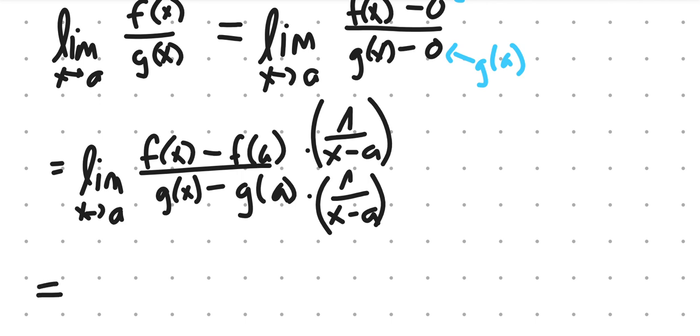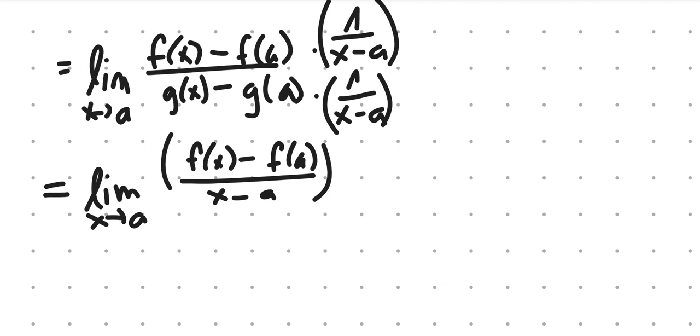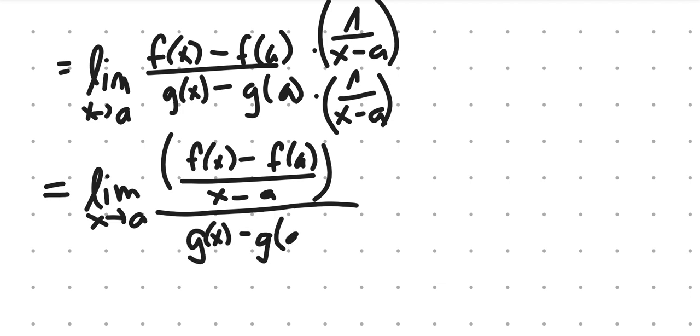So if we do this, since we always take the limit, we are not even having a problem about the denominator being equal to 0, since it approaches it. So we have f of x minus f of a divided by x minus a, all in brackets, because I want to show you that we can turn this into another thing, g of x minus g of a divided by x minus a.